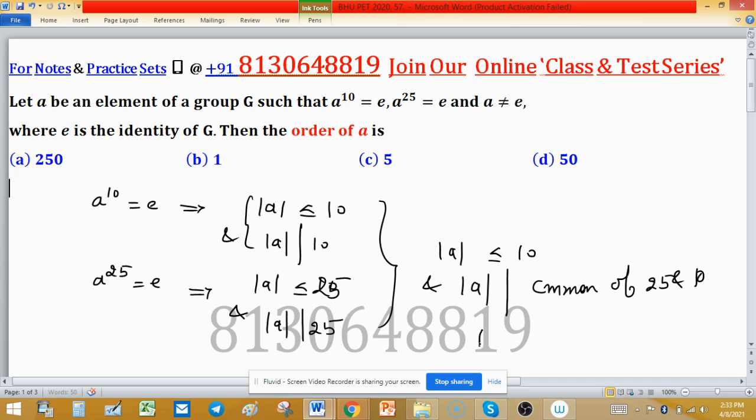It means that the order of A is 5. How? You can write 25 as 5 into 5 and 10 as 2 into 5. This means that 5 is the only factor which can divide both 10 and 25. So the order of A is 5, so option C is correct.